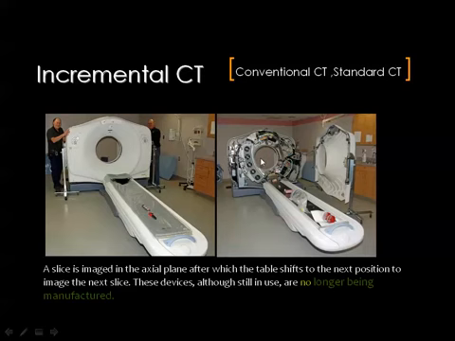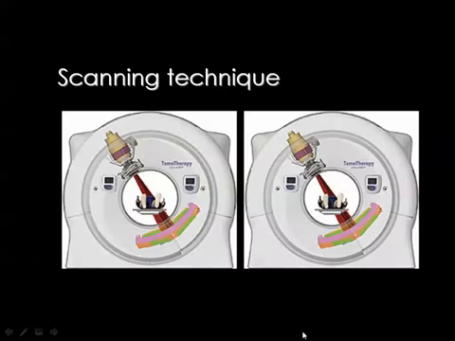The patient is in between these two important parts of the machine, the X-ray tube and the detector, or the imager. This is a diagram to show the position of the patient relative to the position of the X-ray tube and the detector.